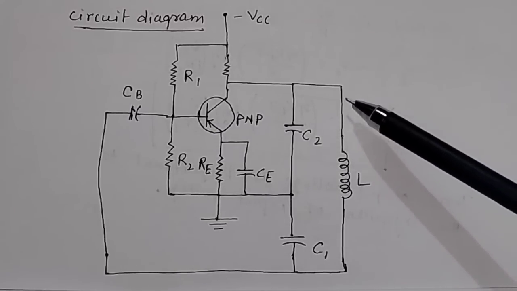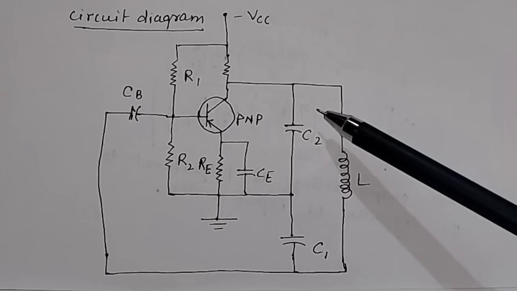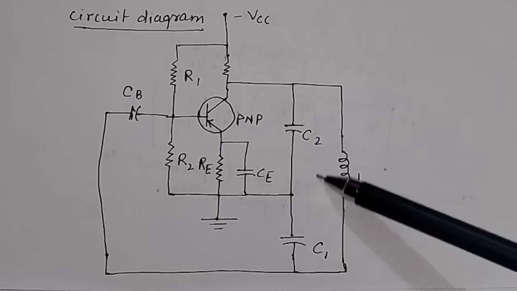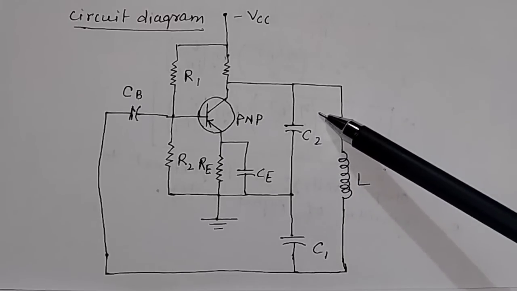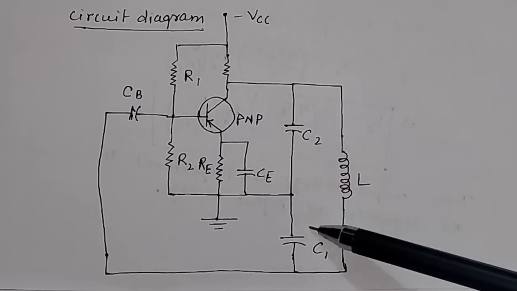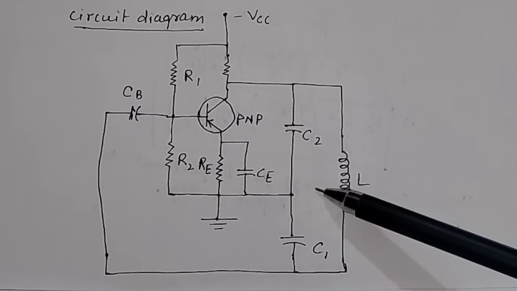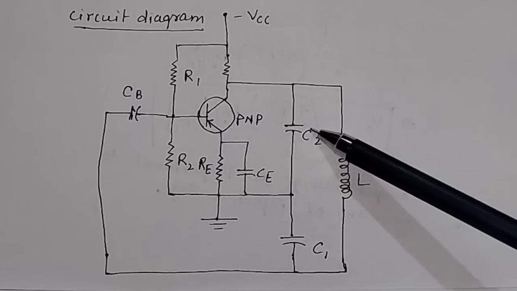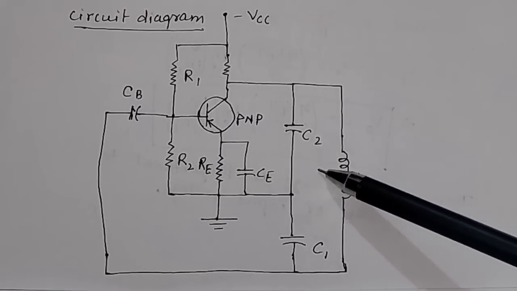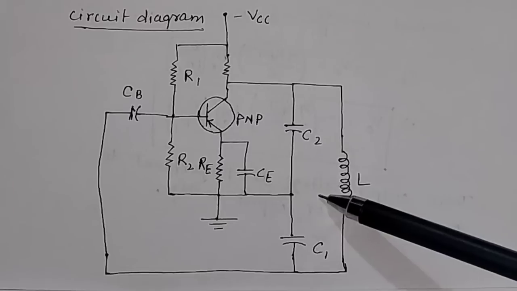You see here the total voltage is divided by the two capacitors C1 and C2. When you divide the total voltage between these two capacitors C1 and C2, which are in series, you introduce a phase shift of 180 degrees between them.